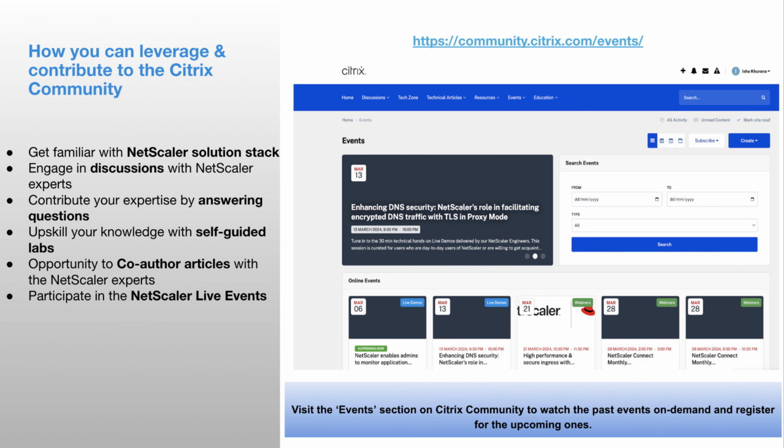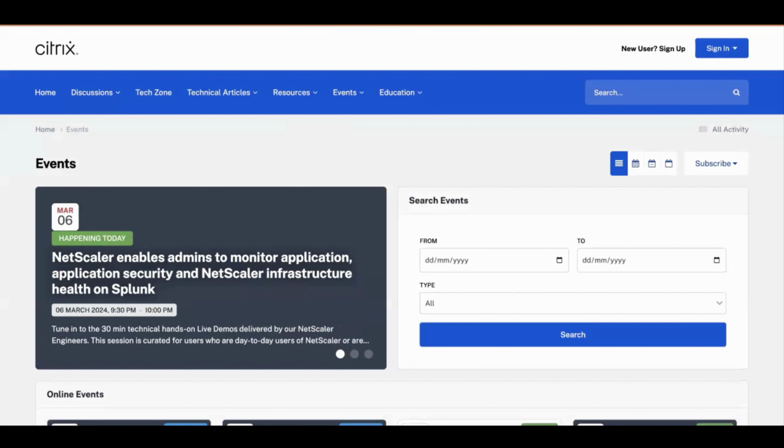And the live events and the connect, the NetScaler live demo and NetScaler Connect sessions, the upcoming ones and the past ones would be in this event section. If you click on any of the events, so for example, this is our new community.